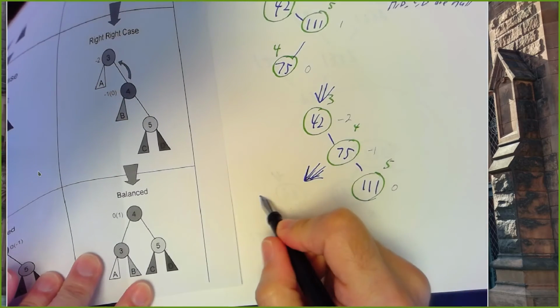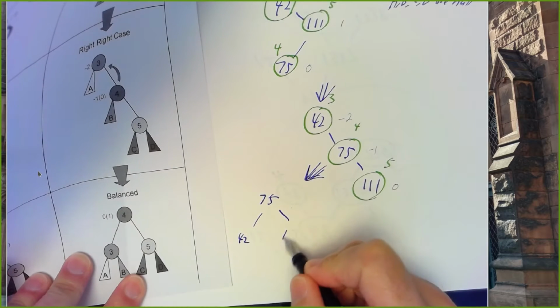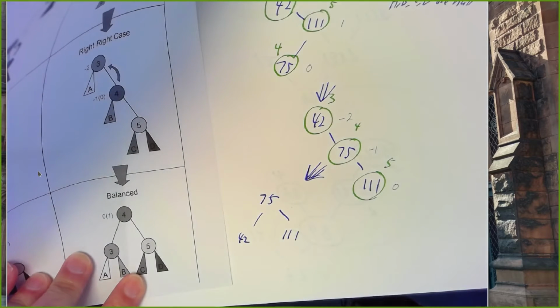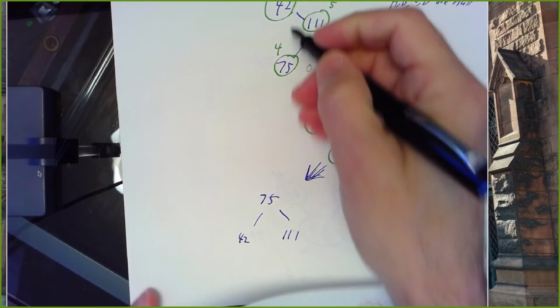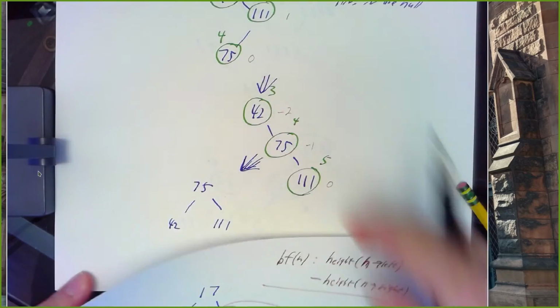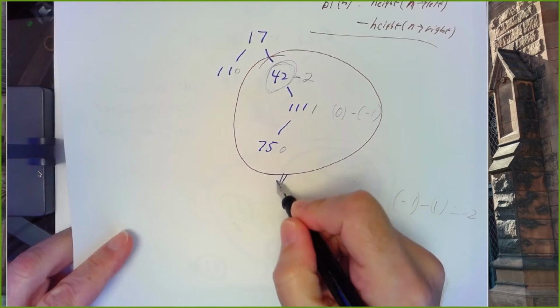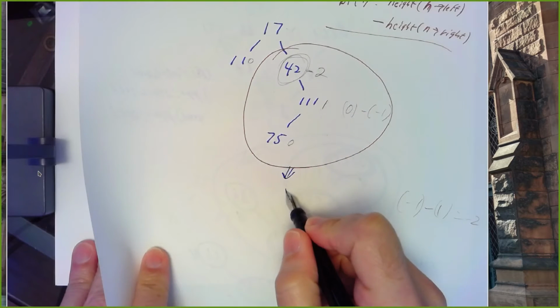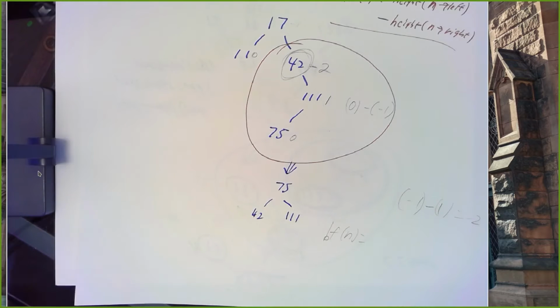So node 4 becomes the root, 3 becomes the left, and 5 becomes the right. So that's the process of balancing this subtree, 42, 111, 75, right? This should change into 75, 42, 111.